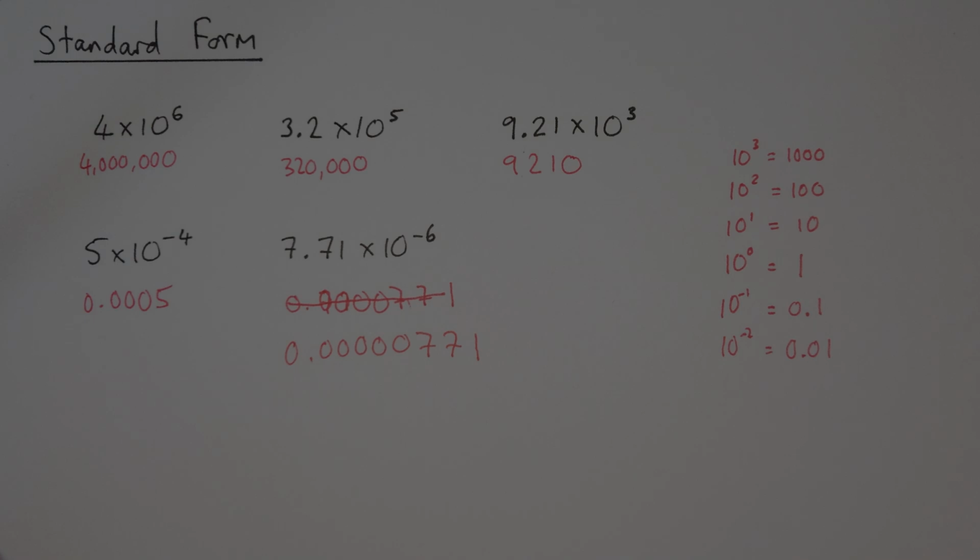At this point, I want to point something out. You only really use standard form in the real world when the numbers are either massive or tiny. So suppose I wanted to describe, for example, the distance from Earth to Pluto in meters or something like that.